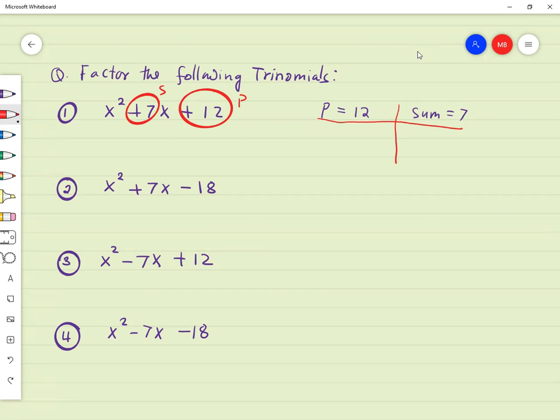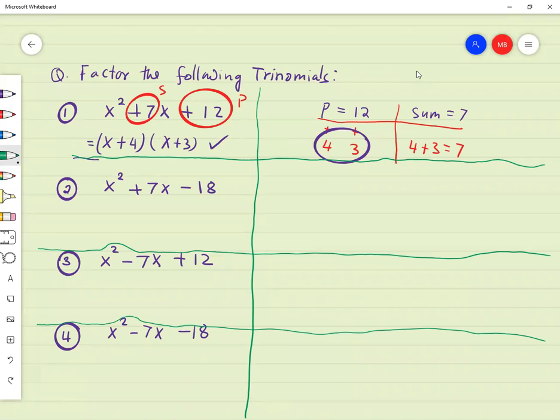Because the sum is positive, both numbers should be positive. We can see 4 times 3 is 12, and their sum is exactly 7. So 4 and 3 satisfy the two conditions. We factor this polynomial as x plus 4 times x plus 3.